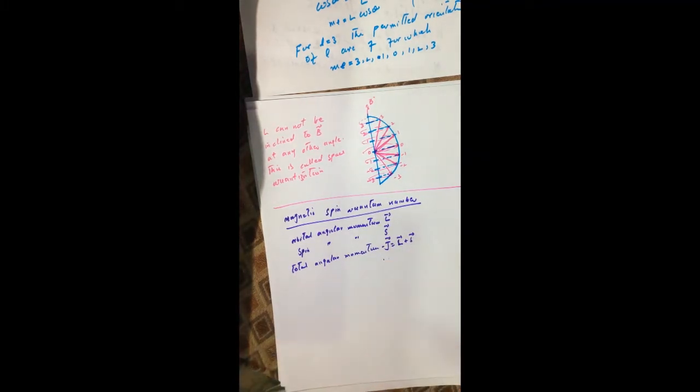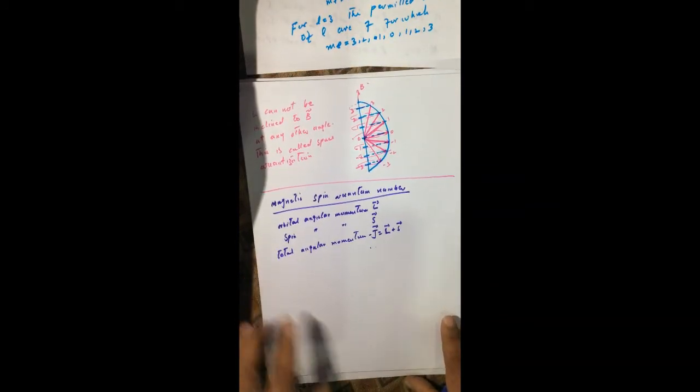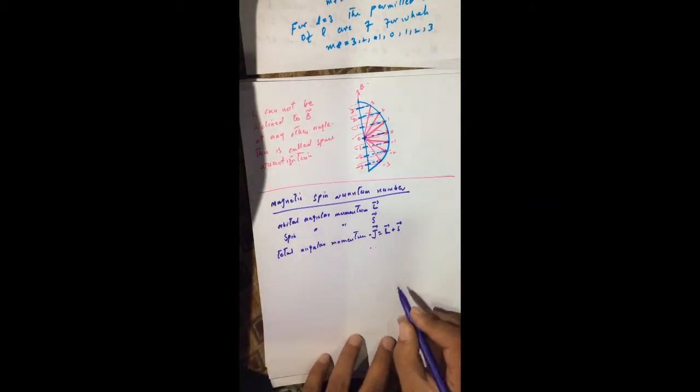Now suppose I draw a figure here. Suppose we have the orbital angular momentum is this one, and we have spin angular momentum is this one.